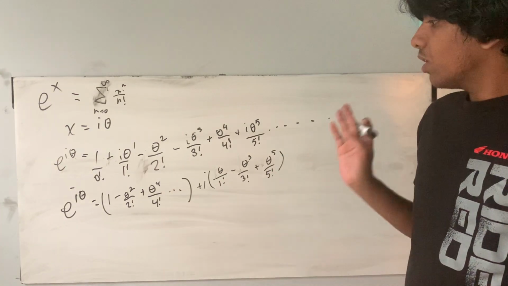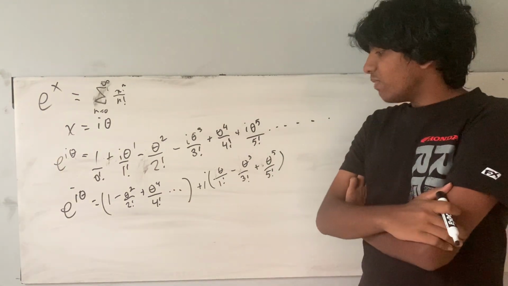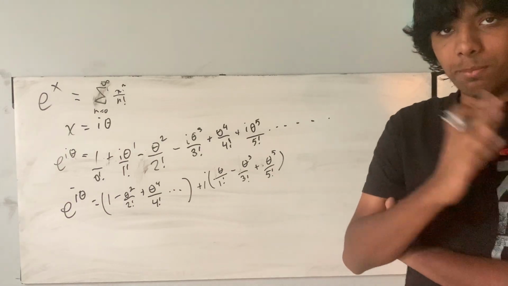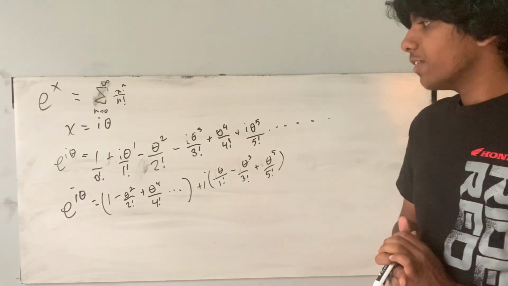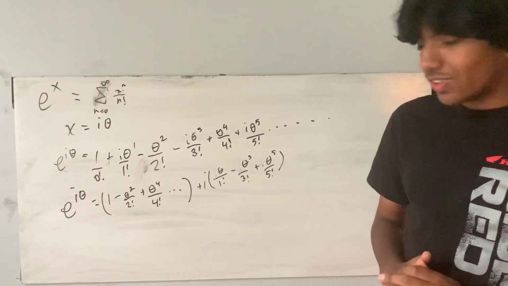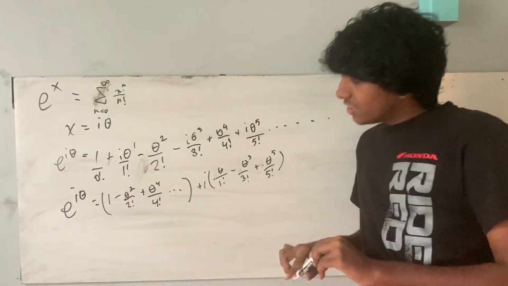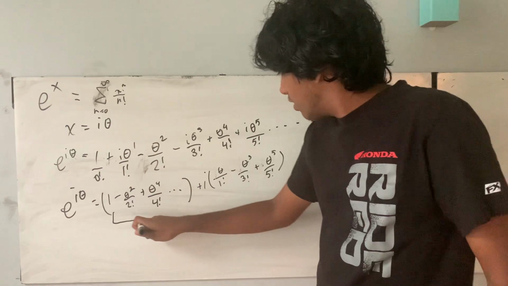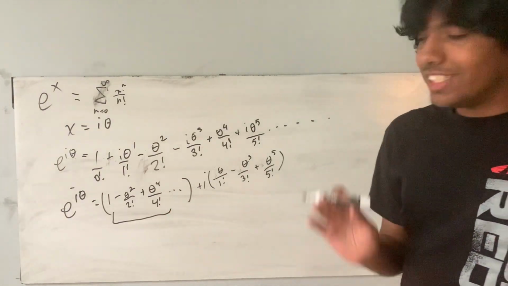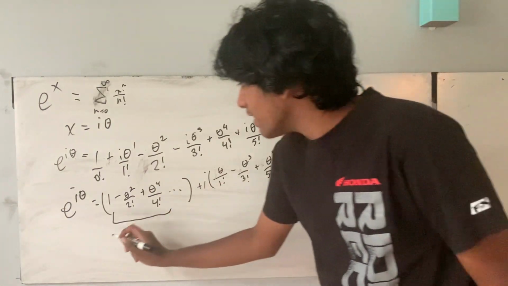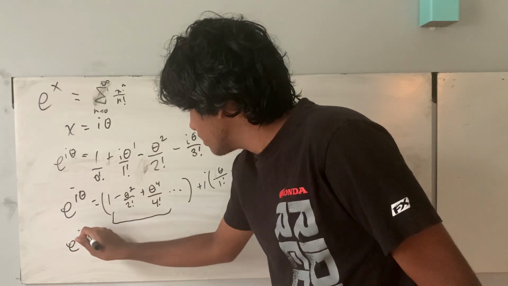Now, this should be familiar to most of you. What Taylor series is this? This is, in fact, cosine of theta. This is the Taylor series for cosine, so let's write that down.